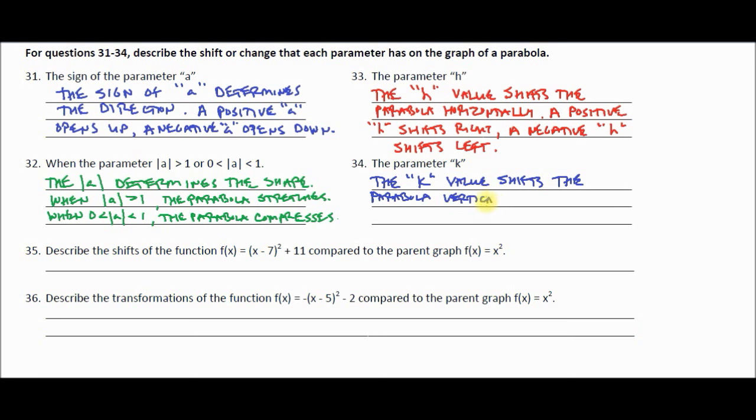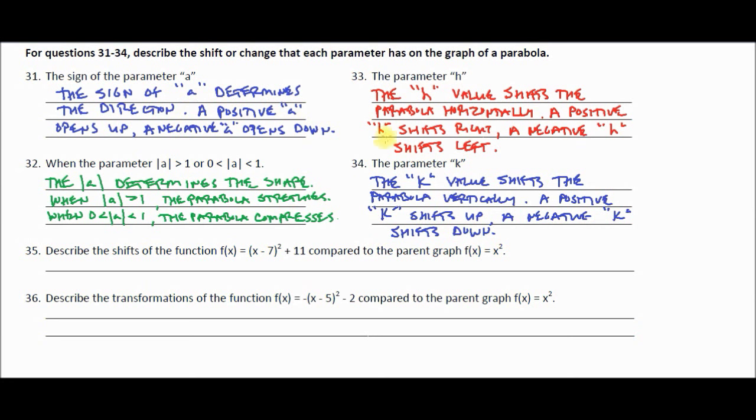K value shifts the parabola up and down. A positive k shifts up. That means we're going positive on the y-axis. A negative k shifts down.